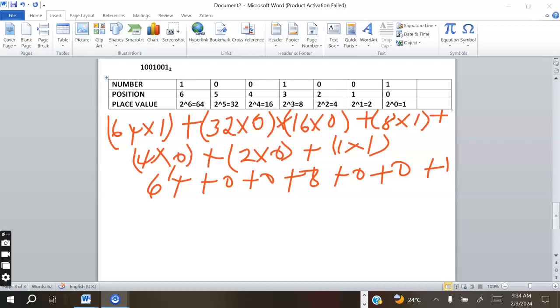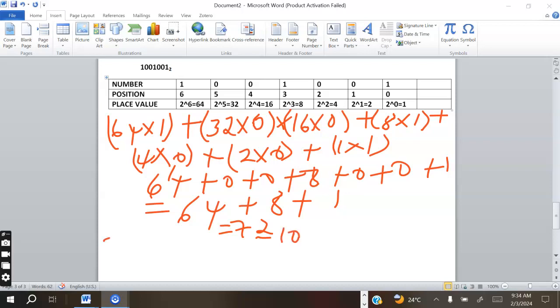Then we have 64 plus 8 plus 1. 64 plus 8 is 72, plus 1 is 73. It's supposed to give us 73 base 10.